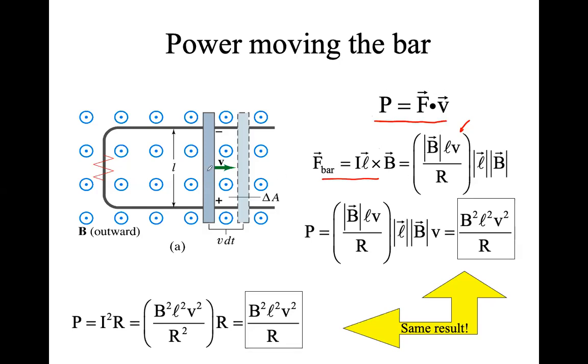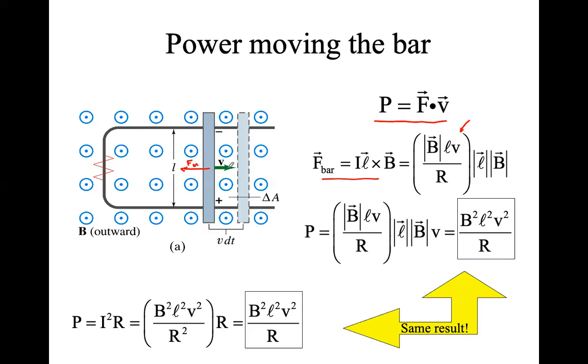And my point here is, while we pull this way with some velocity, that causes a force on this bar, which is in that direction. That's the direction of the magnetic force that I'm talking about here, okay?